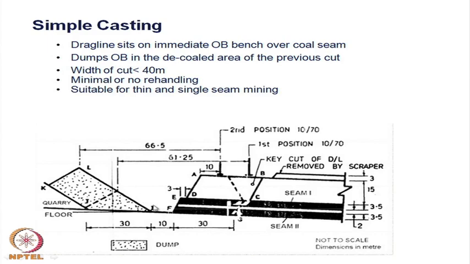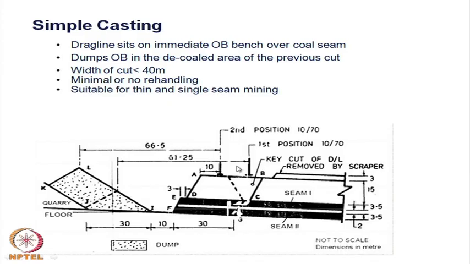Now, at this stage you can see that there is 10 meter of floor available, on which the machines excavating this coal seam can move. For the maneuverability of the shovel and the dumper, we have a 10 meter space in front of the overburden, which has been spilled or direct casted by this dragline.